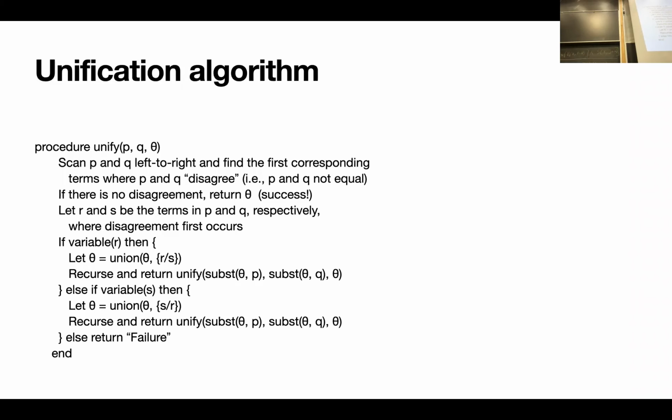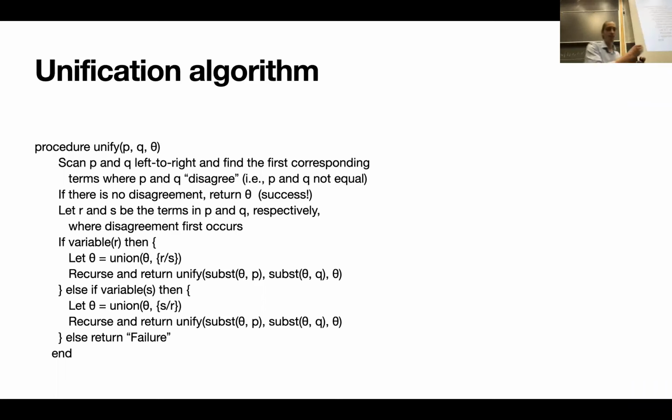We have two sentences, P and Q. This here would be P, sentence 1, and this would be Q, sentence 2. Let's say it has more than two terms, so it has some father of Jane, and father of W, and so on.